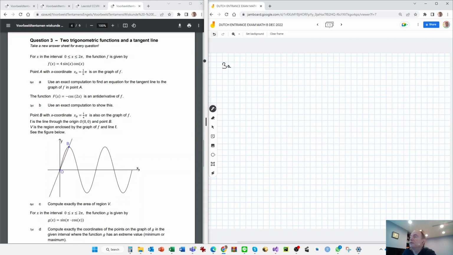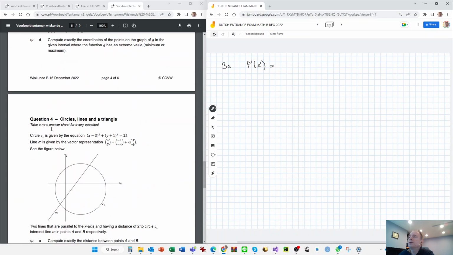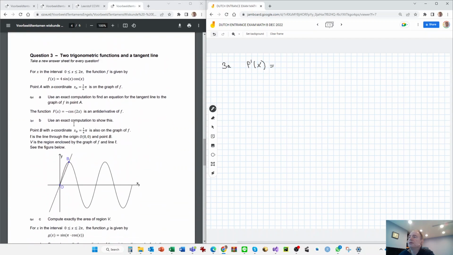So let's first find the derivative. You can probably use one of the trigonometric equations that are actually given in the exam sheet to write this as something like the sine of double the x, and that will make it a little bit simpler form, but we don't need to do that.